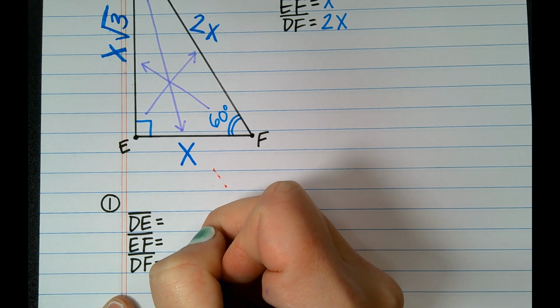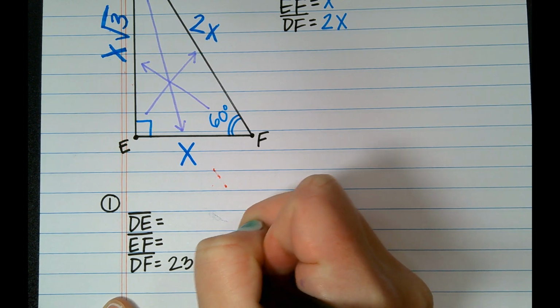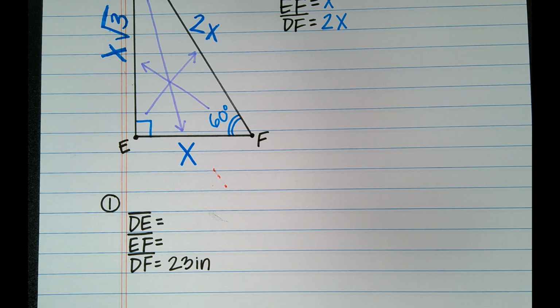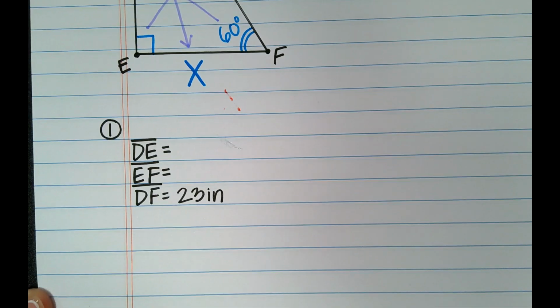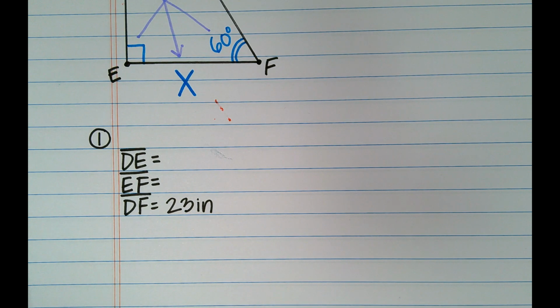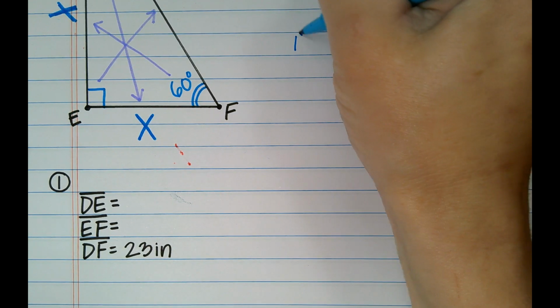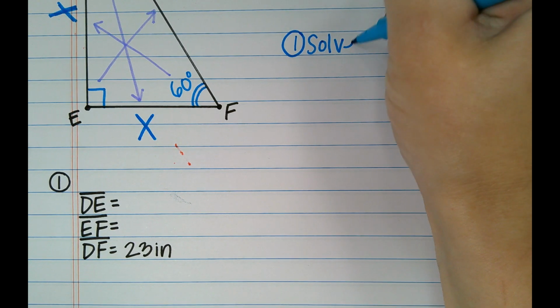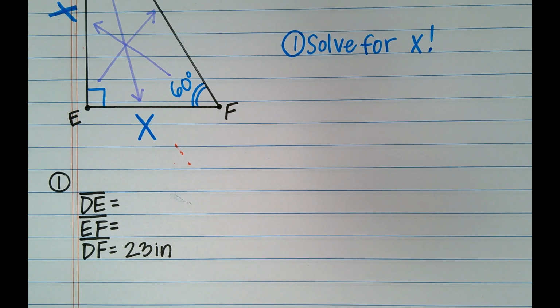And DF, let's say it is 23 inches. My first step here is to solve for X. How would I solve for X if all I know is DF?